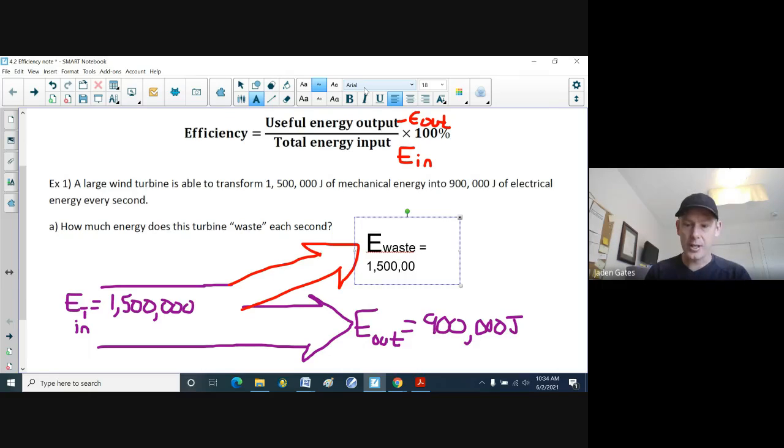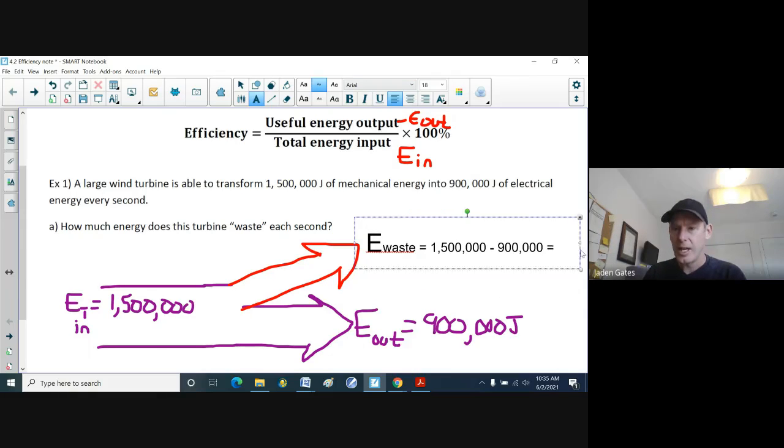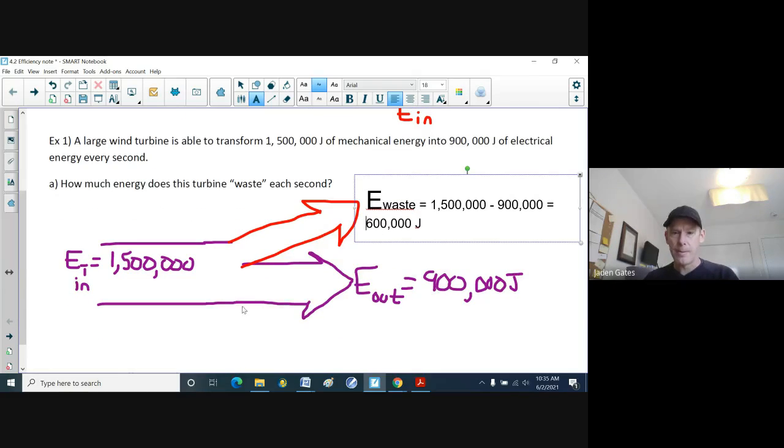Converting difference to math means subtract. If 1,500,000 was put in, 900,000 is useful. Well, the rest, the difference, is our wasted energy. So I take 1,500,000 and subtract 900,000, and I end up with 600,000 joules of wasted energy. That's our wasted energy right there in red.